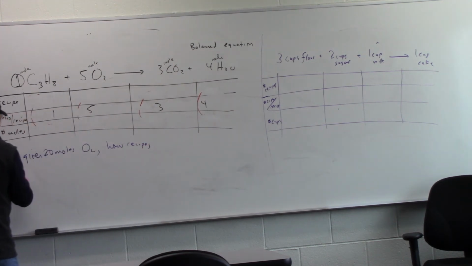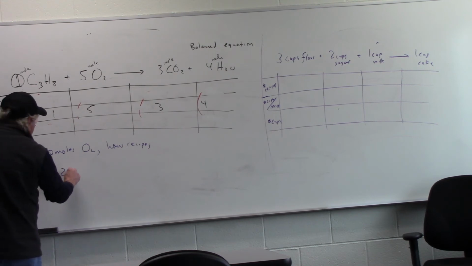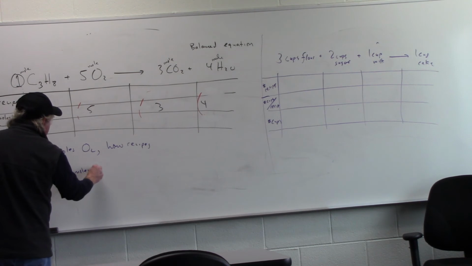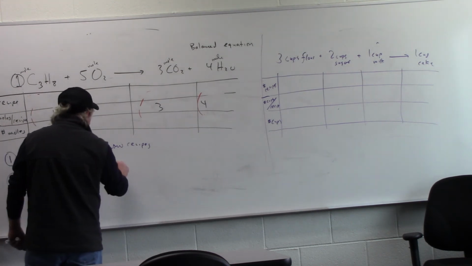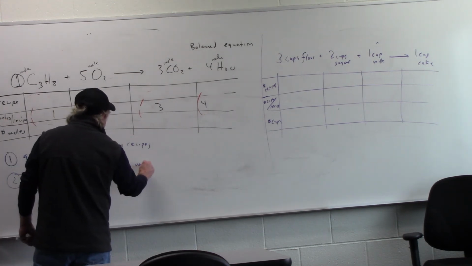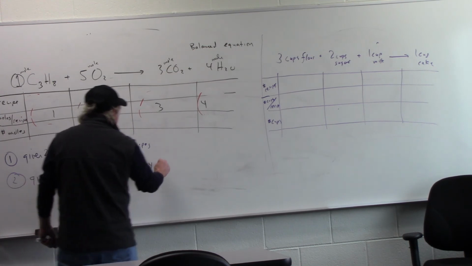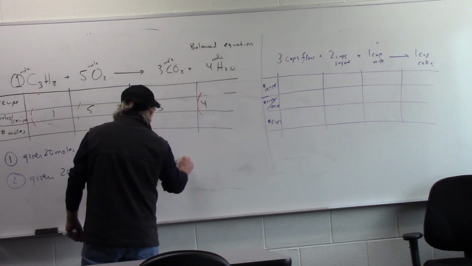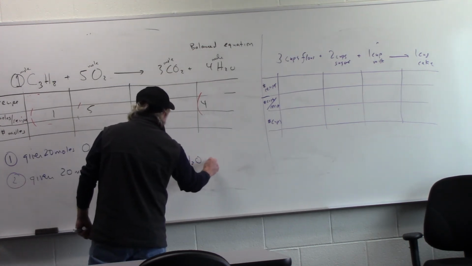And the second problem: again, given the 20 moles of O2, how many moles of water are produced?